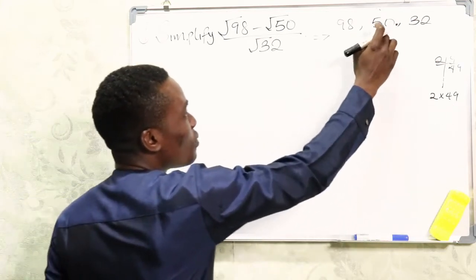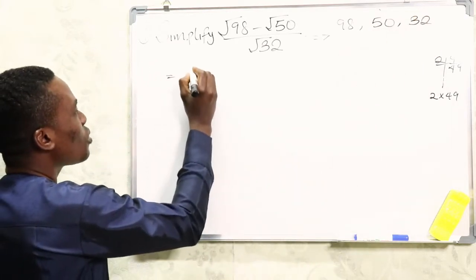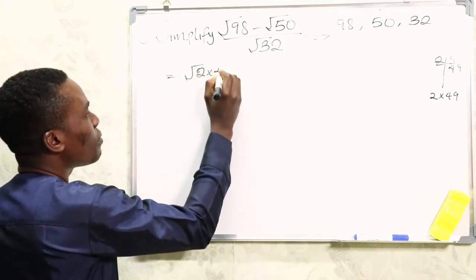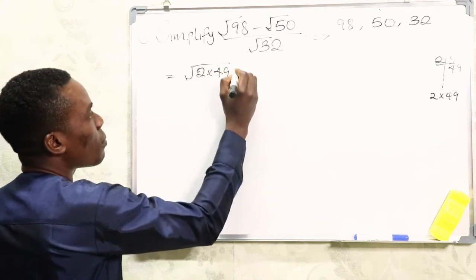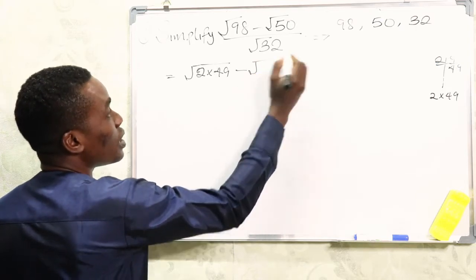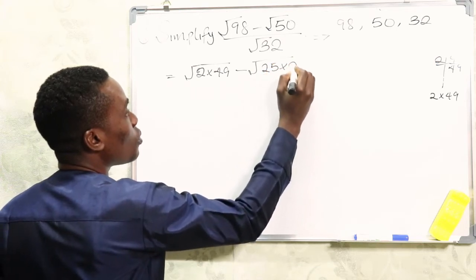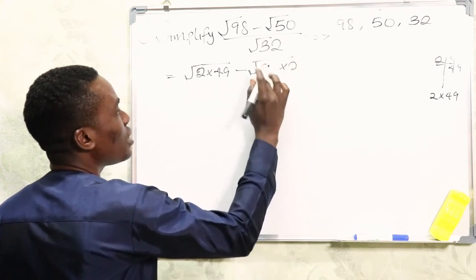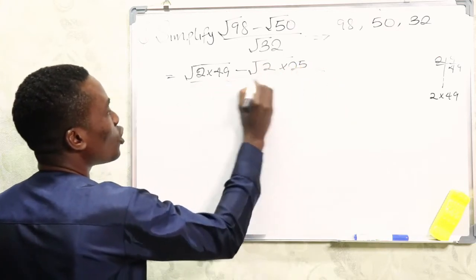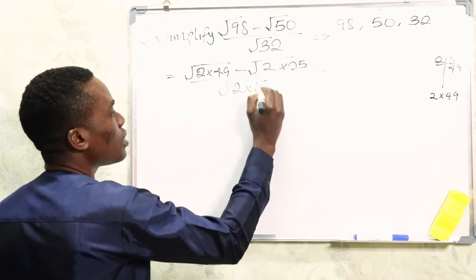Now you do the same with 50 and the same with 32. Now if you do that, what are we going to have? We're going to have the square root of 2 multiplied by 49, minus the square root of 25 times 2, or 2 times 25 to make things look similar, divided by the square root of, the highest here will now be what? 2 times what? 16.